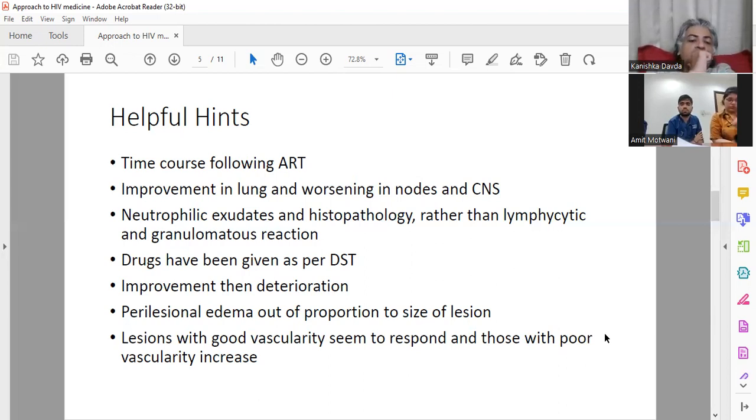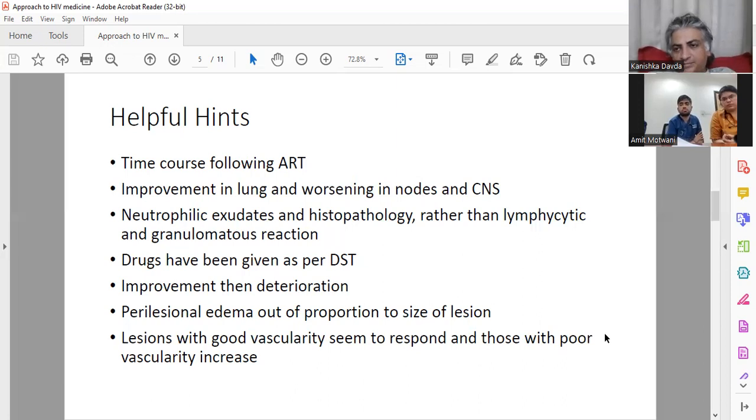So suppose somebody has MDR and you don't know it, you don't have the sensitivity, and you have given first line ATT, the patient will not improve. If drugs have been given as per DST and still the patient worsens, that confirms in a way that this is an immune reconstitution rather than a treatment failure.